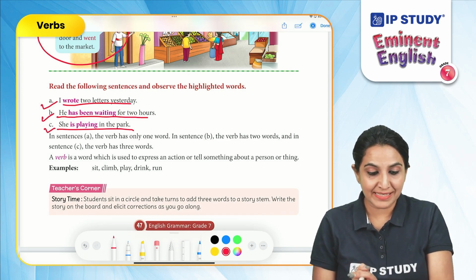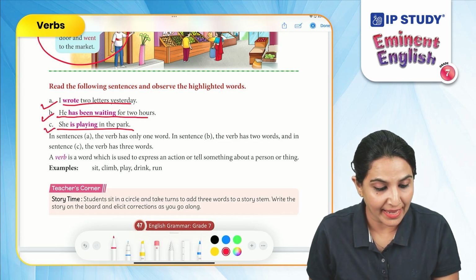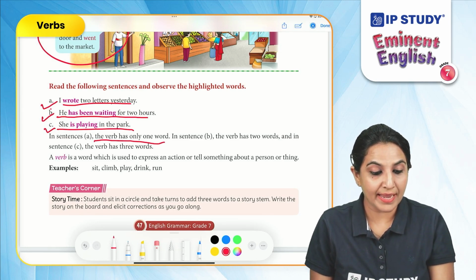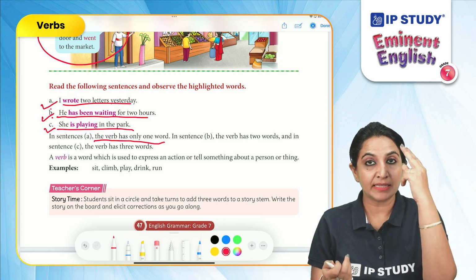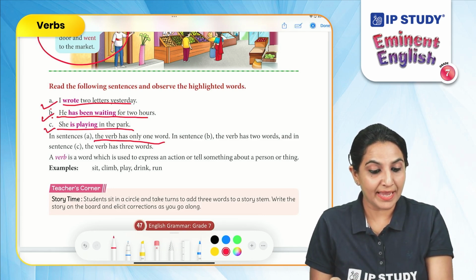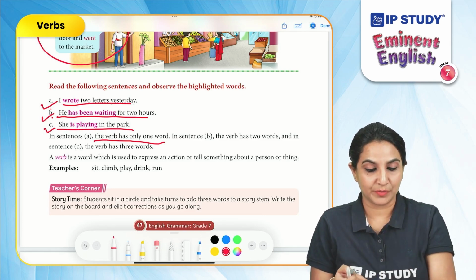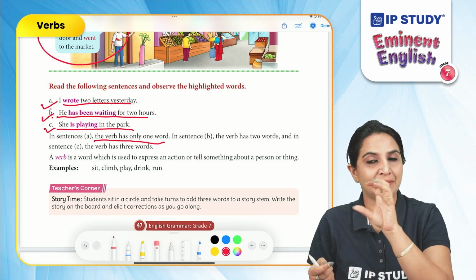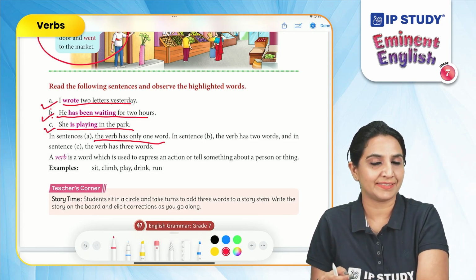Now, in sentence A, the verb has only one word. In B, we have 3 verbs. In C, we have 2 verbs. Hence, these words are describing the actions in the sentences.